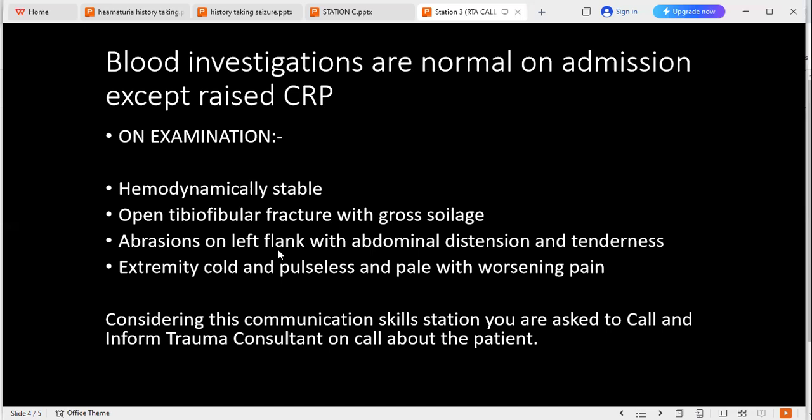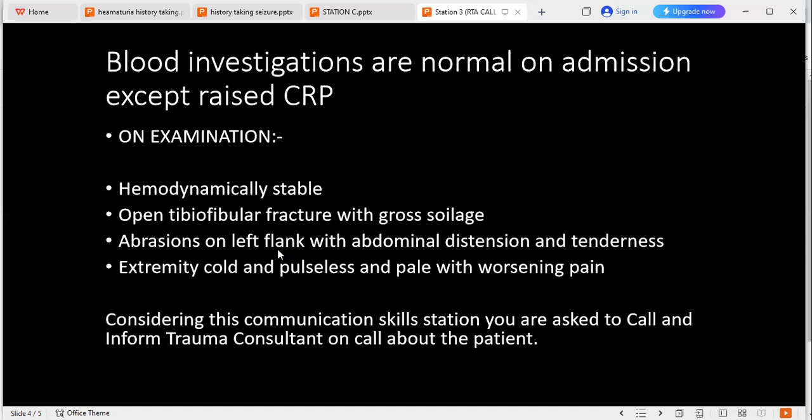Do you want to scan the abdomen first? Yes, we need to scan the abdomen, but his limb is more urgent. Okay. Could it be mesenteric ischemia? No, it could not be mesenteric ischemia because his abdomen is okay now.